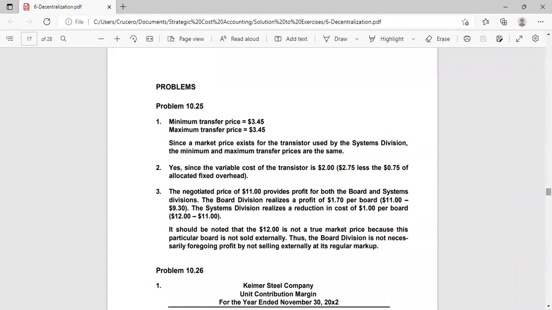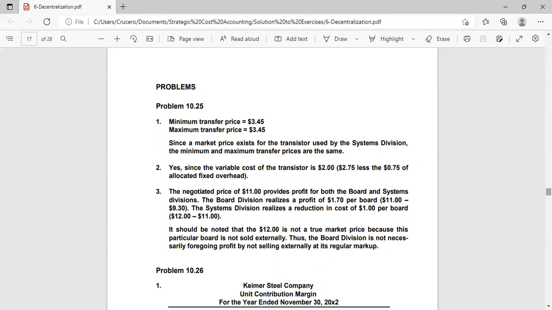Yes, since the variable cost of the transistor is $2. That's the sum of direct materials, direct labor, and the variable overhead of $2, against $2.75, the cost per unit minus the fixed overhead.